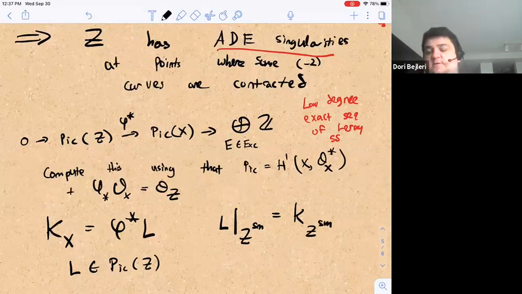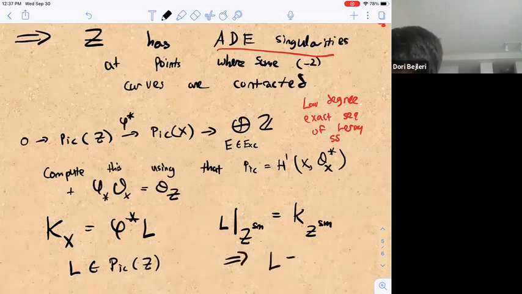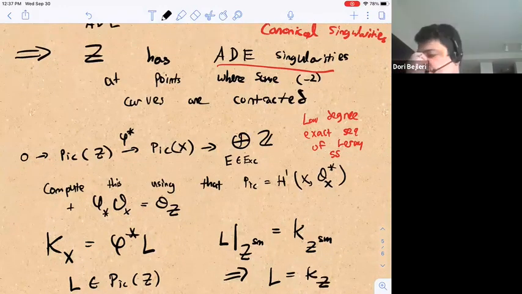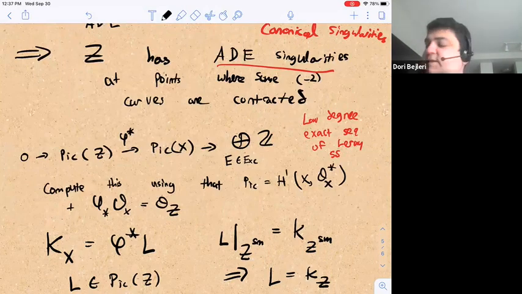So if we have a line bundle and we know what it is away from codimension 2, then we know what it is on all of Z. So actually, this implies that L is just the canonical bundle of Z, which is really a Cartier divisor for these AD singularities. So we'll talk a little more about working with the canonical divisor when you have singularities, but in this case, these AD singularities are Gorenstein, so we have an actual canonical line bundle.